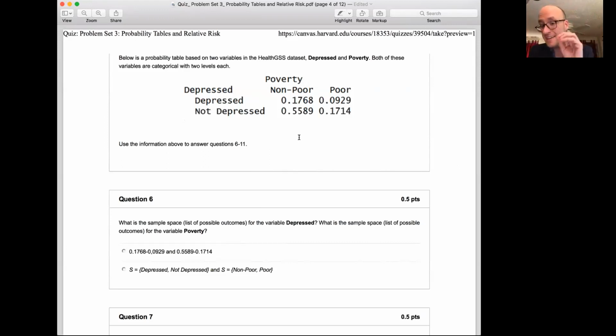But that's a very different question, and it's very important because when we talk about relative risk, we can talk about how poverty increases the relative risk of something, but it's also informative to know the overall prevalence of depression or non-depression.